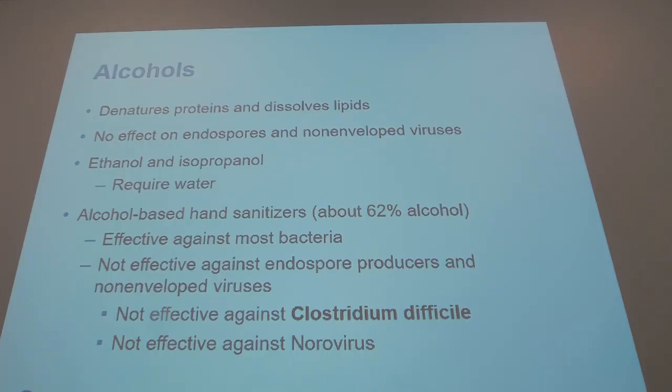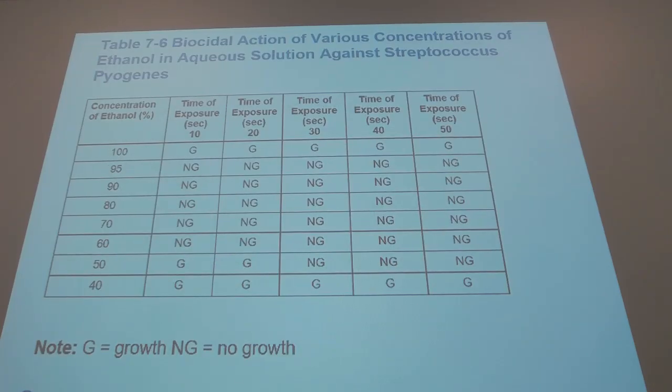And again, they don't affect endospores or non-enveloped viruses. One of these pathogens that is not affected by alcohol will be Clostridium difficile or noroviruses. And norovirus is one of the main causes of diarrheal illnesses in outbreaks in the United States.